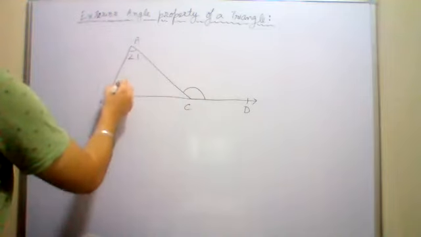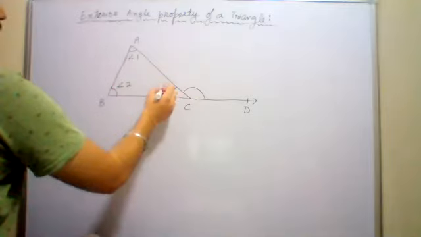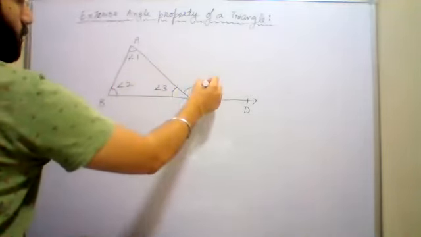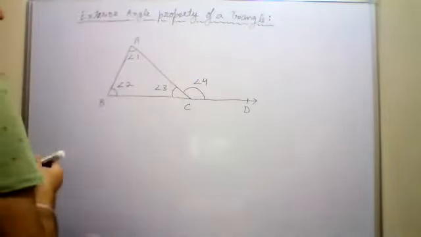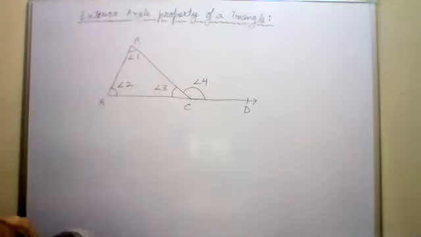This is angle 2. This is angle 3 and this is your angle 4. The exterior angle, I have named the exterior angle as angle 4. Draw this figure, then we will understand what is the property. First, I'm waiting for you all to draw the figure.